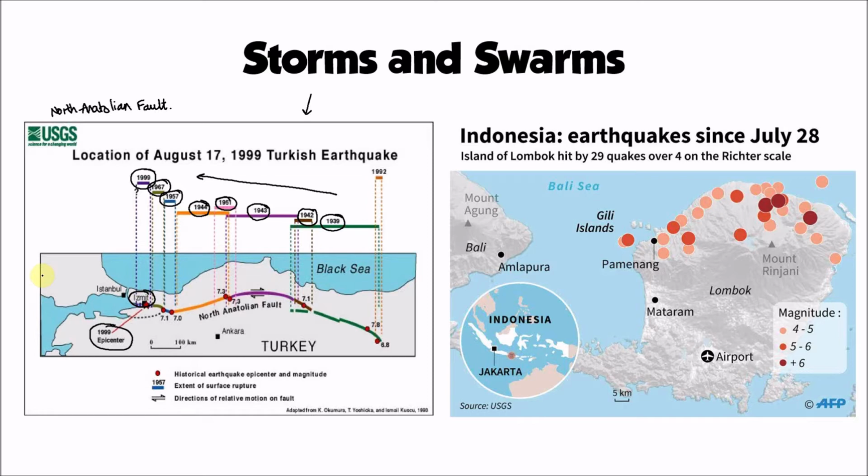It's different from the concept of an aftershock, because these earthquakes are happening many, many years apart. So it's not that one earthquake has triggered another one, but one earthquake has built up the stresses along a fault line and simply transferred that stress from one place to another.